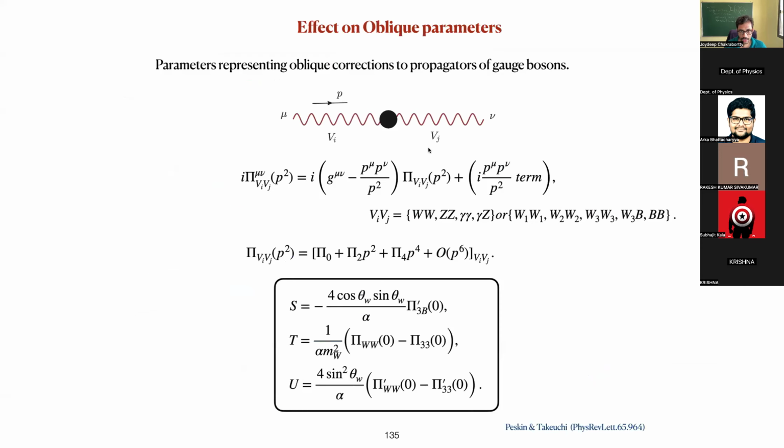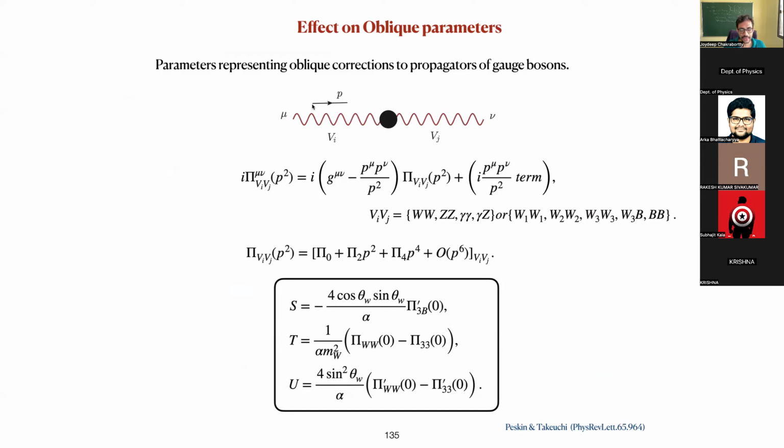Fine. So then about the decoupling, what I was talking about, let me demonstrate how these things can work here. We try to focus on the simplest observable, which is the oblique parameters. As you know, they are basically S, T, U, the three oblique parameters, and they are computed from the two-point function of the gauge fields.